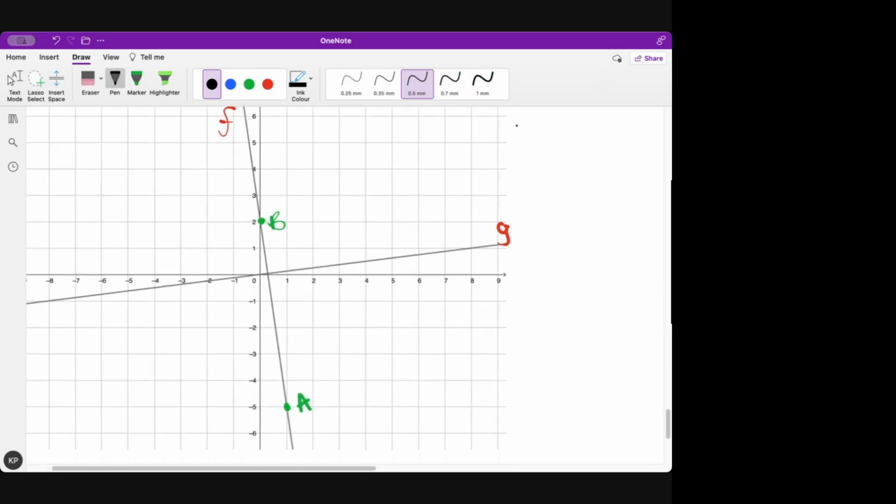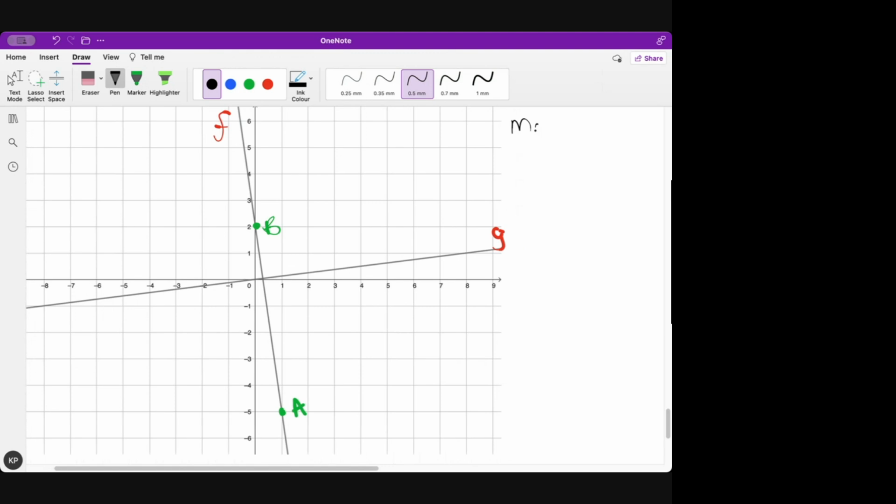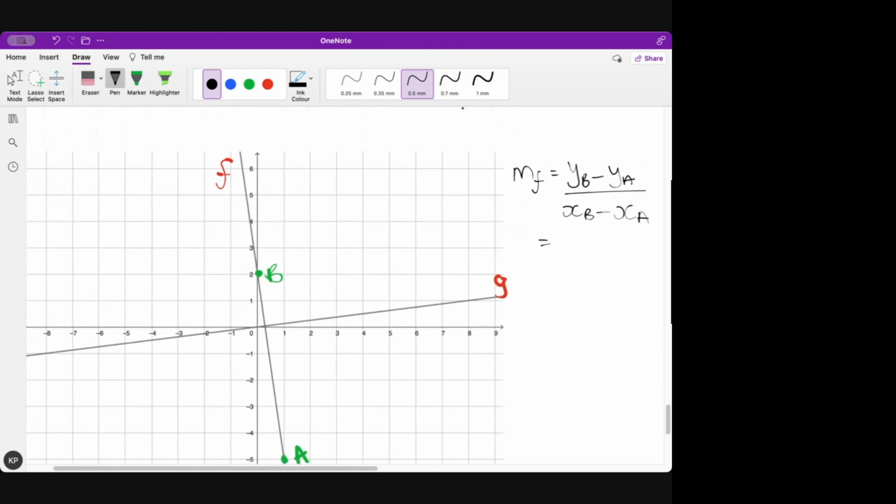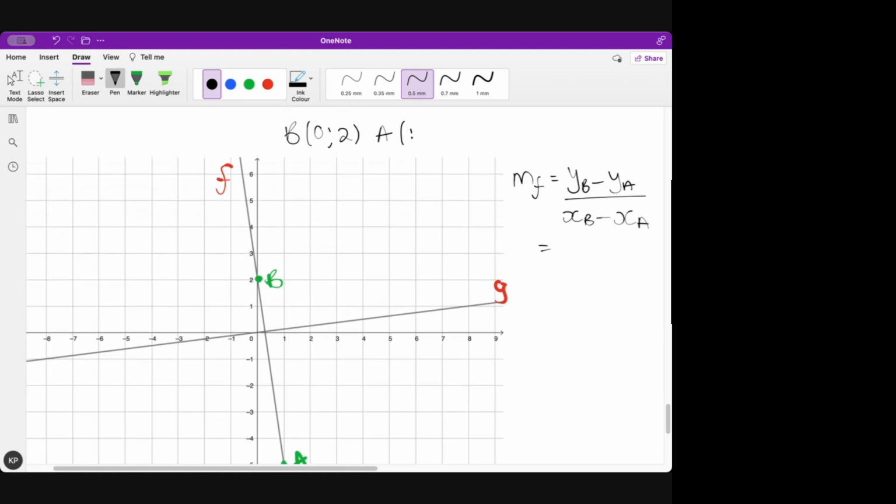So my gradient, let's see fastest fingers. Gradient of f, y of b minus y of a over x of b minus the x of a. Okay. I didn't write the coordinates. No wonder I'm confused. B is 0, 2. A is 1, negative 5. Great.